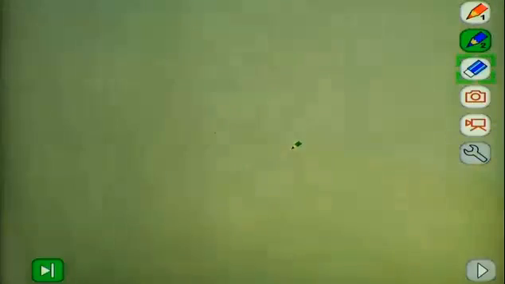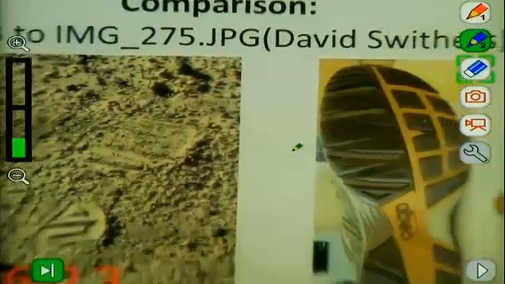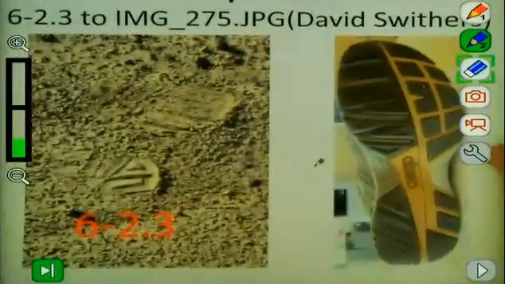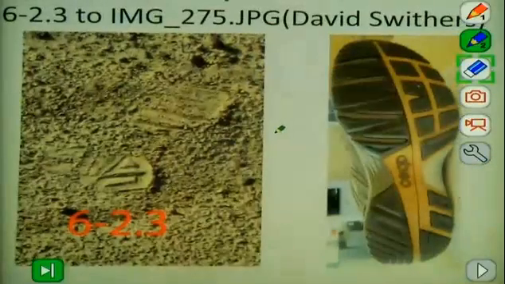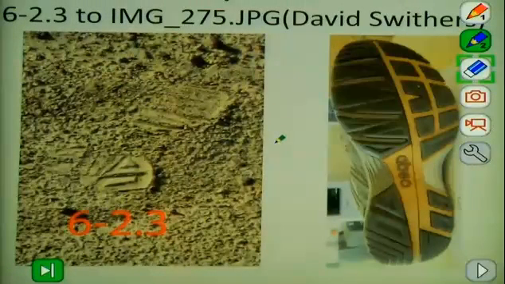Is that compared against the pair of shoes? Yes. Did you find any similarities? I did. Mr. Swither's shoe, understanding that we have to flip it over, so it's a mirror image of what we're seeing.